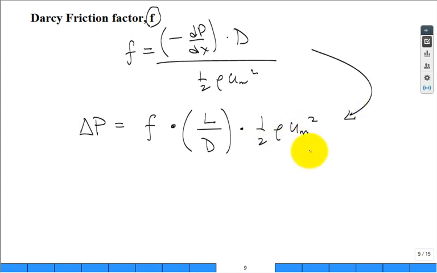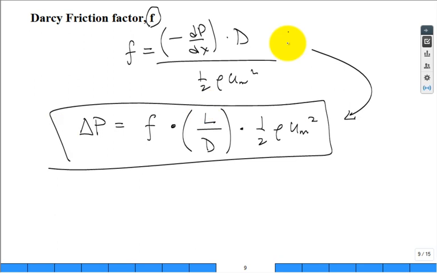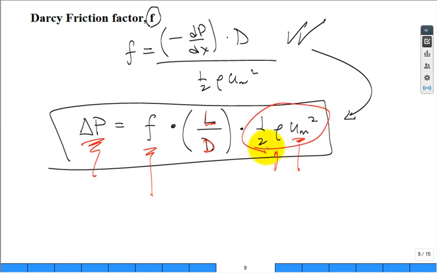You unravel it. This is the way I usually remember it. This one I have to think a little bit about. If I wanted to calculate the pressure loss in a pipe, give me this friction factor, the length of the pipe, the diameter of the pipe, and the speed of the fluid flow, and there you go. This is the velocity pressure, and this is a very useful, quick-to-use equation. I use it a lot.